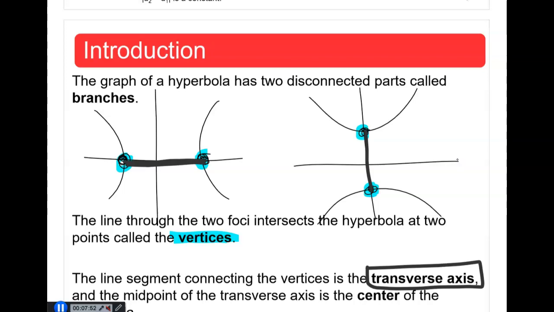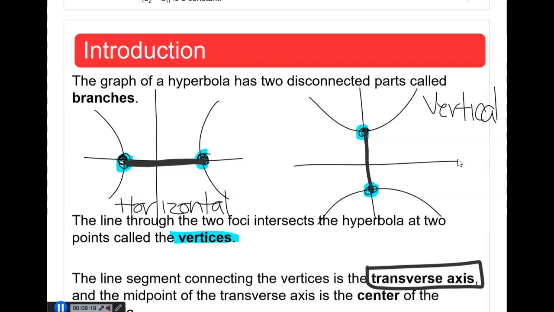And so we will refer to this as a horizontal hyperbola just for simplicity. But what we mean is that it has a horizontal transverse axis. So the other one, the transverse axis is vertical. And so we will refer to it as a vertical hyperbola, meaning that the transverse axis is vertical.